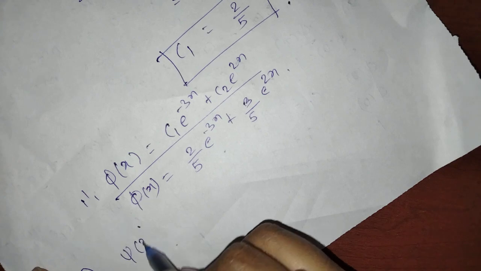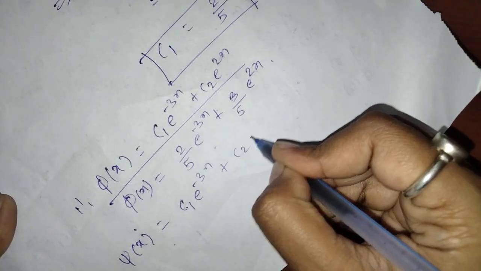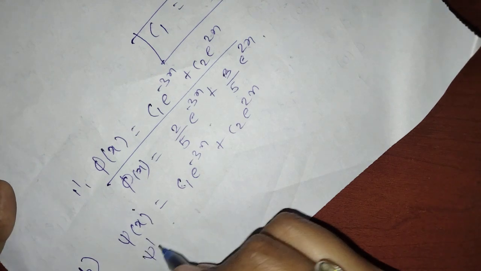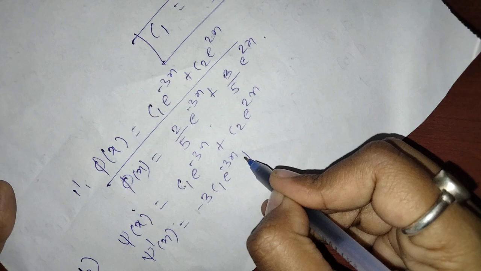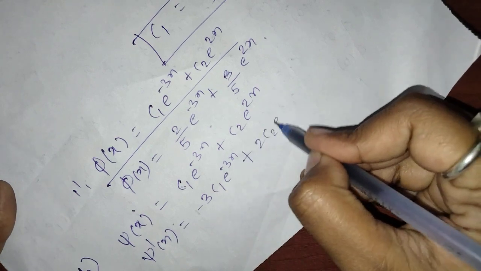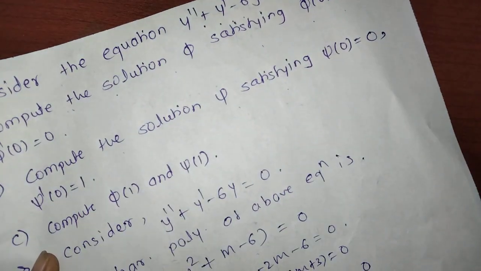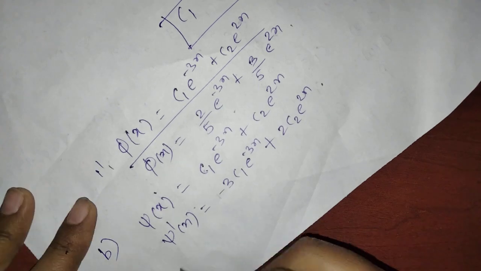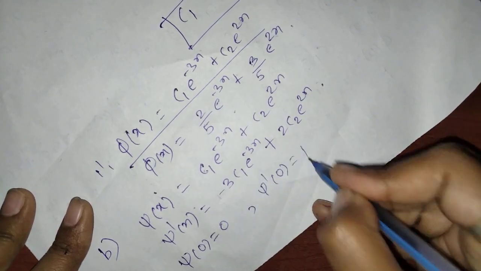So take psi(x) = c1 e^(-3x) + c2 e^(2x). Next, psi'(x) = -3c1 e^(-3x) + 2c2 e^(2x). And the given conditions are psi(0) = 0 and psi'(0) = 1.